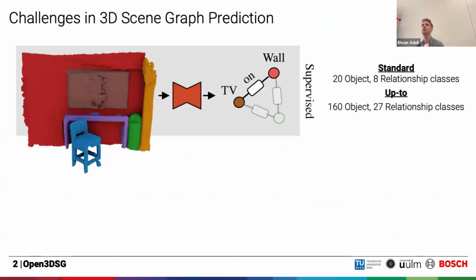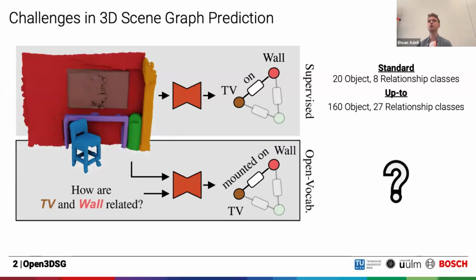Usually methods use supervised learning to train this task on the most popular data set for about 20 object classes and 8 relationship classes. For a more fine-grained data set, it's about 160 object classes and 27 relationship classes. Of course, a more fine-grained label set improves the representational capabilities of your model. However, these labels are still set during training time or even during the annotation time of the data set.